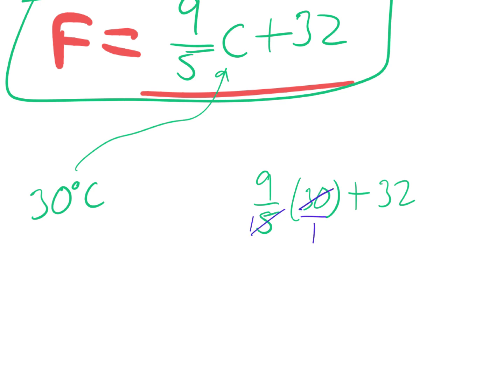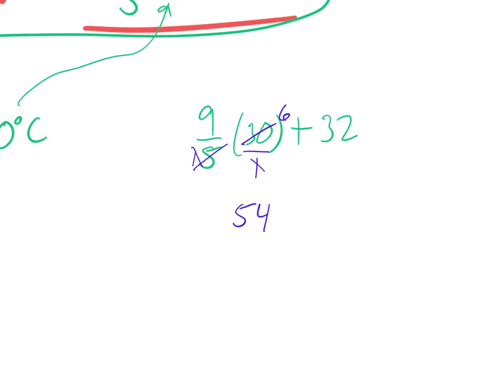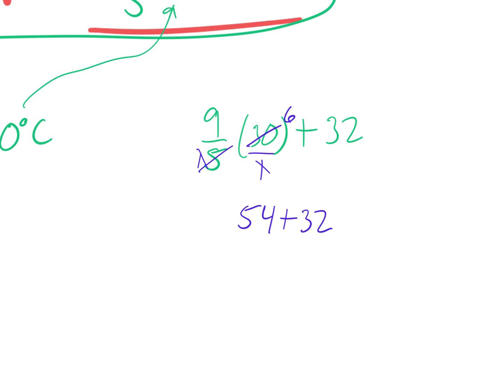So we get 1 on the bottom and 6 on top. Then 1 times 1 on the bottom is just 1, that goes away, and 9 times 6 gives you 54. Then you get 54 plus 32, which gives you 86. So we get a temperature of 86 degrees Fahrenheit.